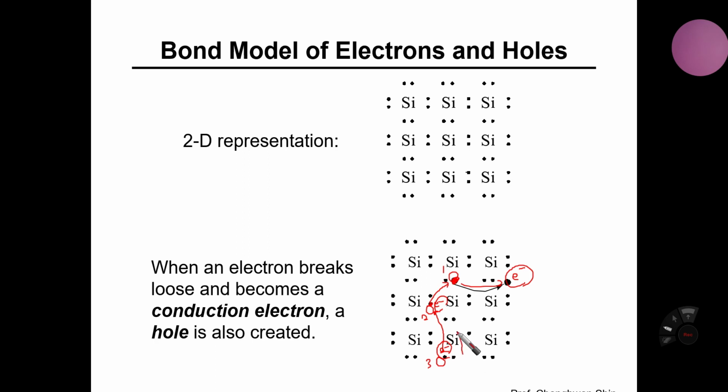So the electron is moving from there to here in this direction, but the hole is created in this direction. Can you see the opposite direction? Okay, great. So now you can say that the electron is definitely negatively charged. The hole is moving in the opposite direction of electrons, which are negatively charged. So we can make a conclusion that the holes are positively charged instead of negatively charged.